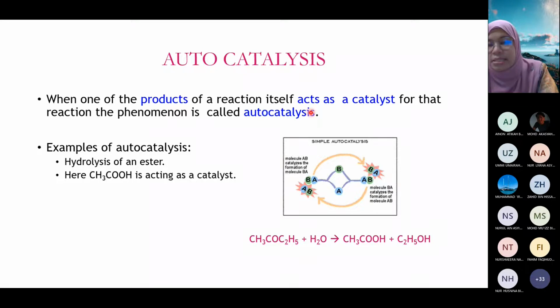And some of the product ni, it will react back with the reactant to form another product. So the mechanism usually autocatalytic reaction ni involves a chain reaction. Chain reaction we will learn in chapter 3 later. Okay, one of the examples of autocatalytic reaction is chain reaction.